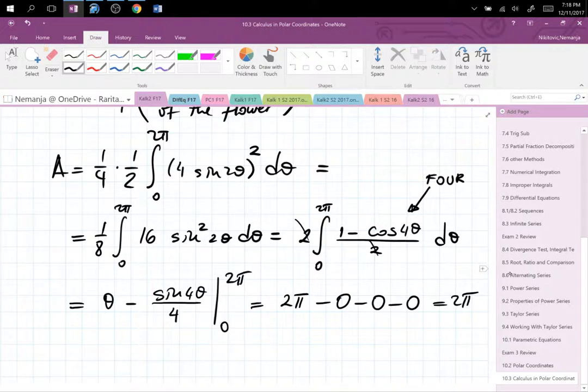Now, you have to be very careful with what Mark is proposing here. Mark is proposing, instead of using 0 to 2 pi and dividing by 4, which we can do when the stuff is symmetric, to forget about the 1/4 and use the values that will trace only one petal.